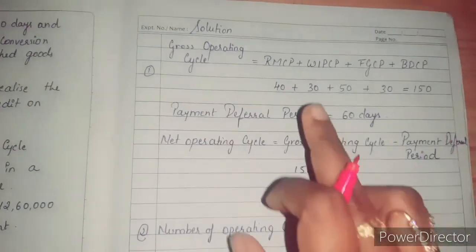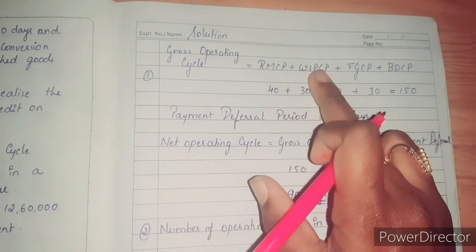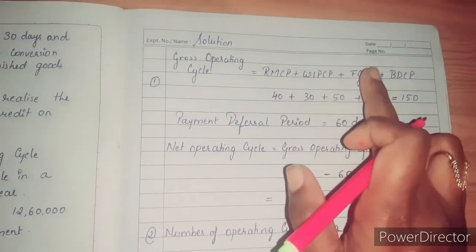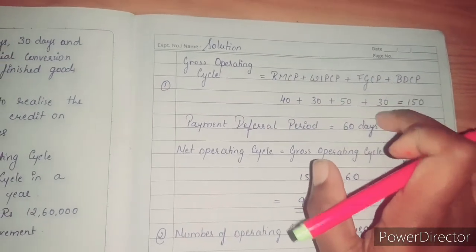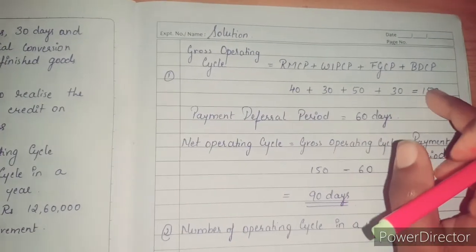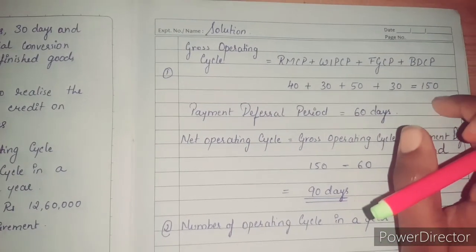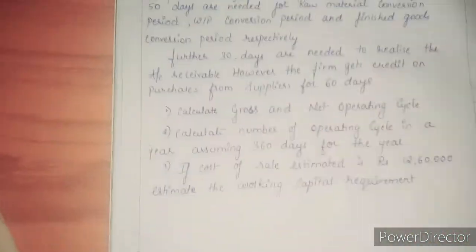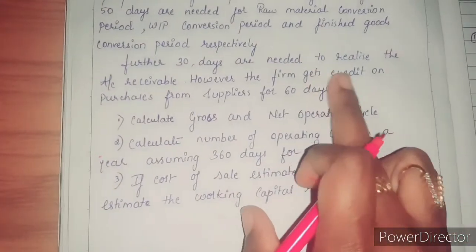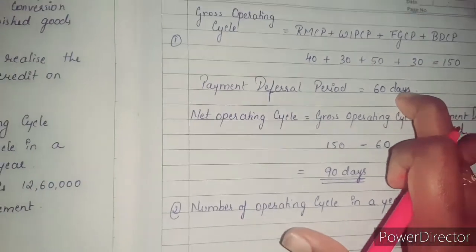So raw material conversion period 40, work in progress conversion period 30, finished goods conversion period 50, book debt conversion period 30. Total gross operating cycle is equal to 150, minus payment deferral period. Payment deferral period is nothing but credit on purchase of raw material from supplier, that is 60 days.